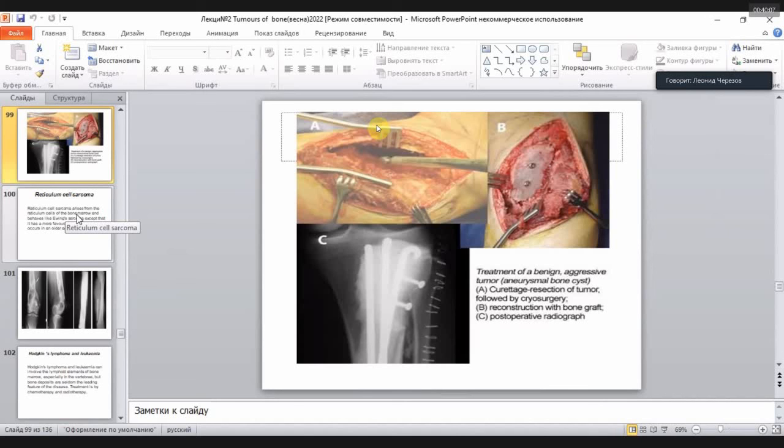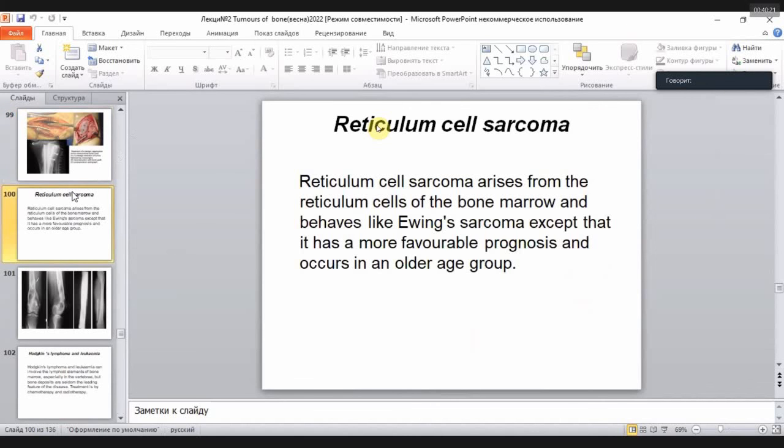Treatment is by chemotherapy with or without surgical resection of the lesion. If the lesion is localized and the bone in which it arises can be resected, the patient has roughly a 25% chance of survival.